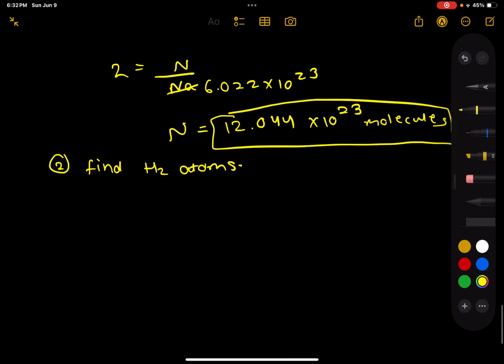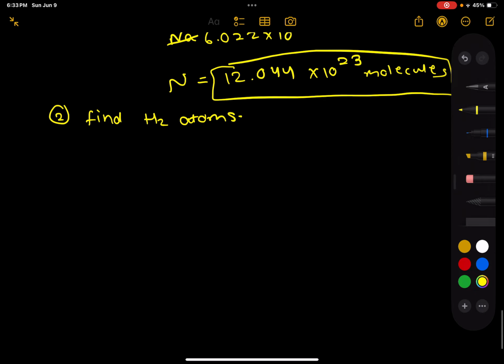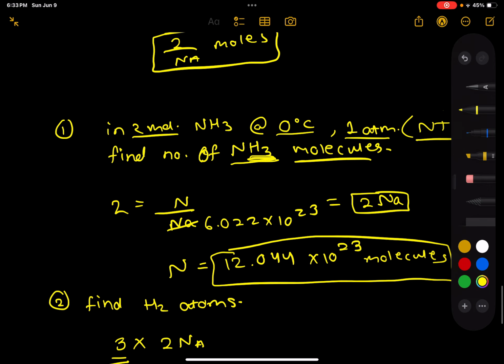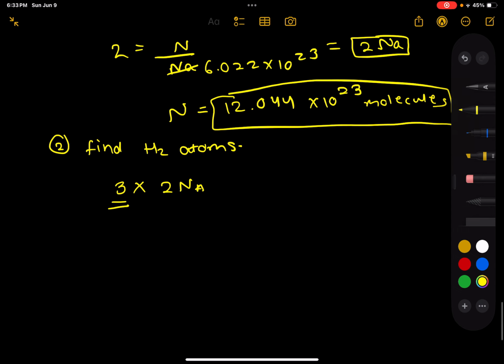So that means we have to do, let's take this as 2Na. So this is equal to 3 times 2Na, because we have 3 hydrogen atoms in each of the NH3 molecules, and there are 2 Na NH3 molecules, so that equals 6 Na hydrogen atoms.